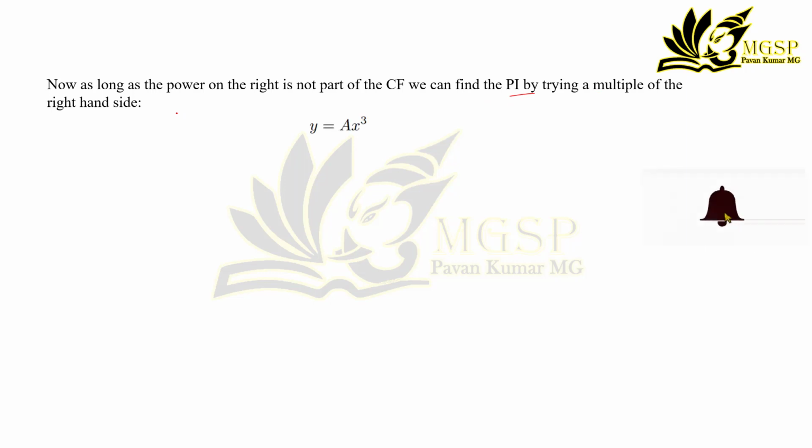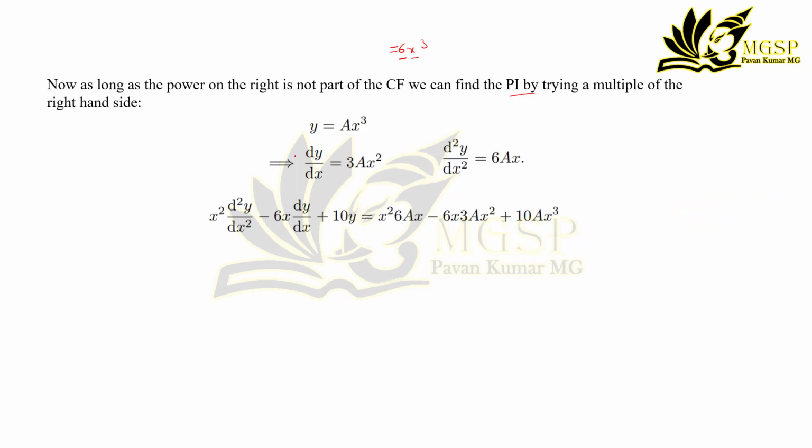How can we do the multiple? Take y is equal to a into x cube. Here in the equation we have 6 into x cube, so we are considering a as some constant and x cube the same as this. What we are going to do is equate the LHS to the RHS. So y is equal to ax cube. Differentiating with respect to x, we get 3ax square.